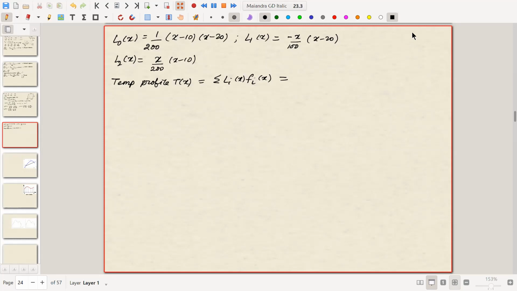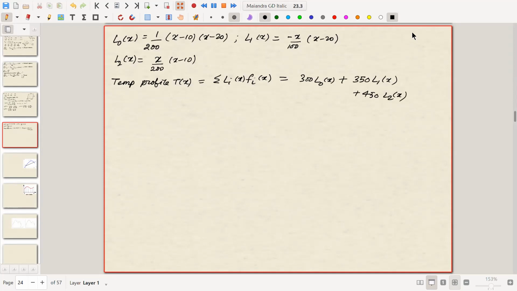That L0 we know, but what are Fi? So you can write it as 300 L0 of x plus 350 L1 of x plus 450 L2 of x. Fi are the temperatures, right? Temperatures of those data you have gotten. Up to this is clear, right?